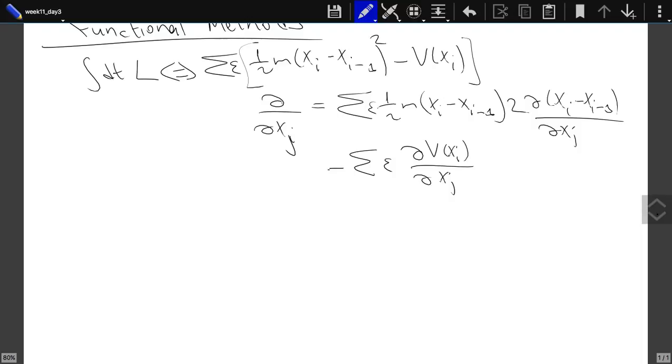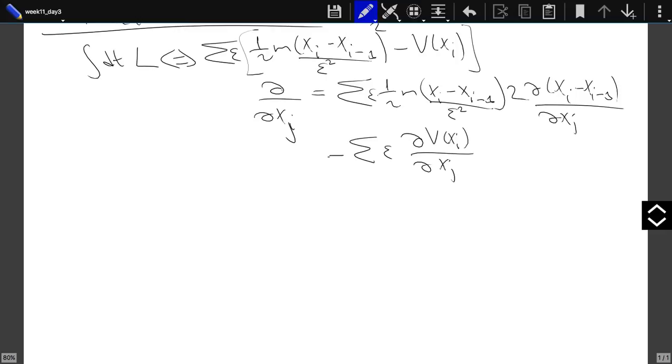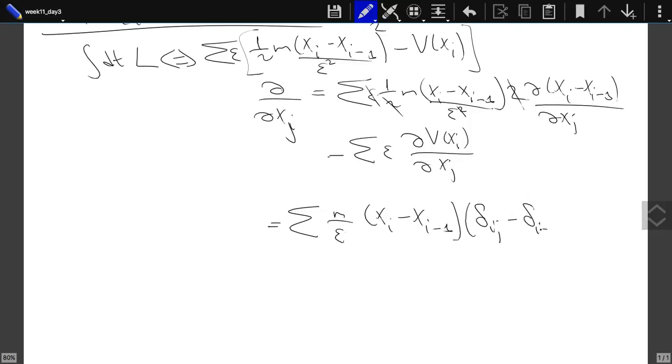Now we have the epsilons, and since we have the epsilons, we have the epsilon squared over here. So this would be equal to the sum over 1 over 2. Now the 2's will cancel in the first term, m over epsilon, one of the epsilons will cancel: (x_i minus x_{i-1}) times Kronecker delta ij minus Kronecker delta i-1 j.